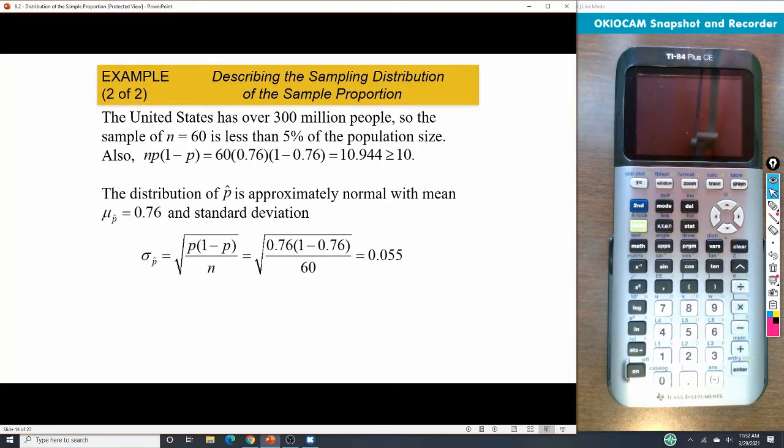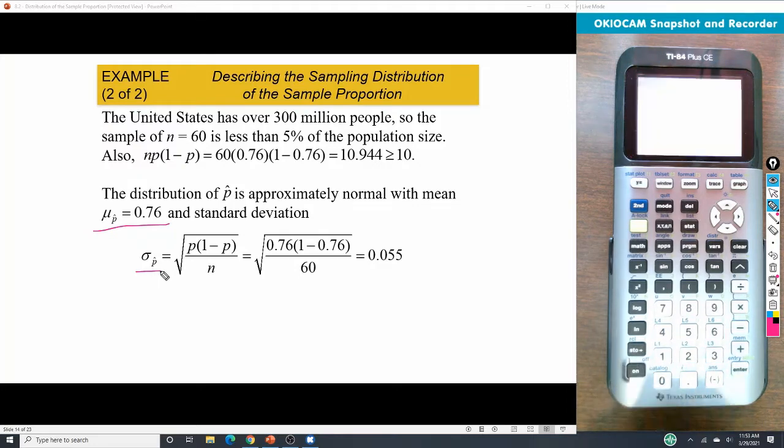Then we can talk about our mean. Since our p is 0.76, the mu of p hat is also 0.76. Then we move on to our standard deviation, and we plug into our formula. All of that goes in the calculator. We want to go into our square root, so it's second x squared.